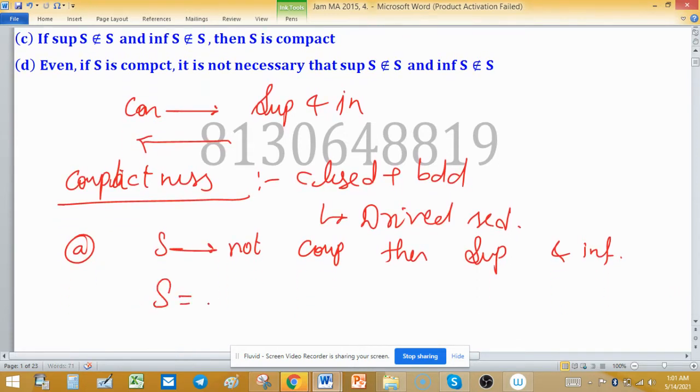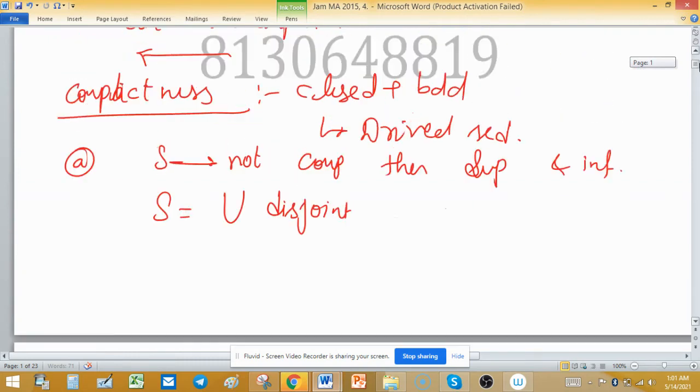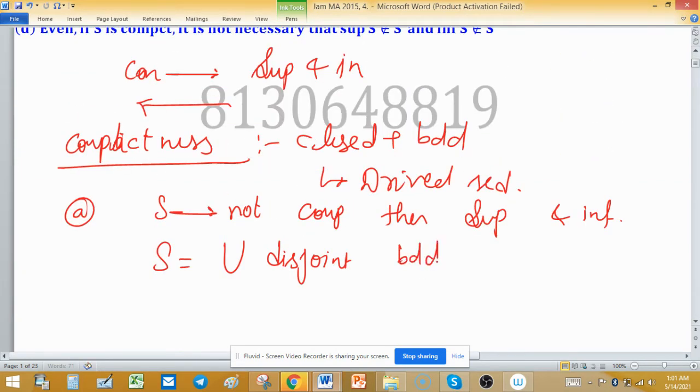S is a union of disjoint bounded intervals. As these are intervals, we can easily use some pre-information here, because this is a finite union of disjoint bounded intervals.